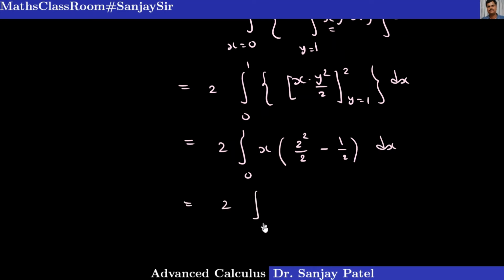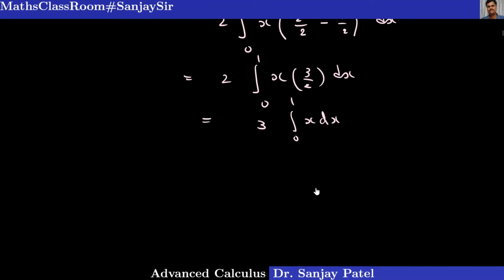So 2 into integral 0 to 1. This is 4 upon 2, that is 2. 2 minus 1 by 2 is 3 by 2. So x into 3 by 2 dx. So this gives us 3 times integral 0 to 1 x dx. These two will be cancelled. So this is equal to 3 times integral of x, which is x square by 2, 0 to 1.